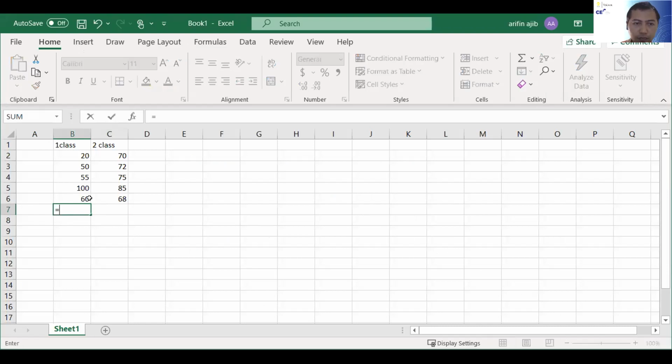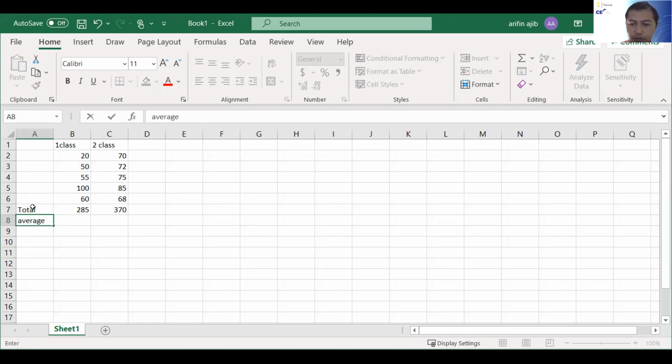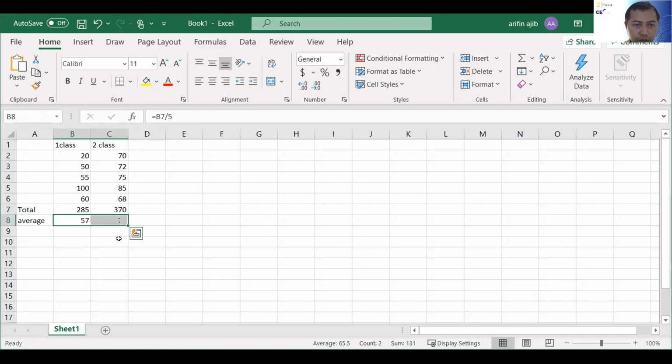Okay, the total is the sum of this one. And the average is this one divided by 5.